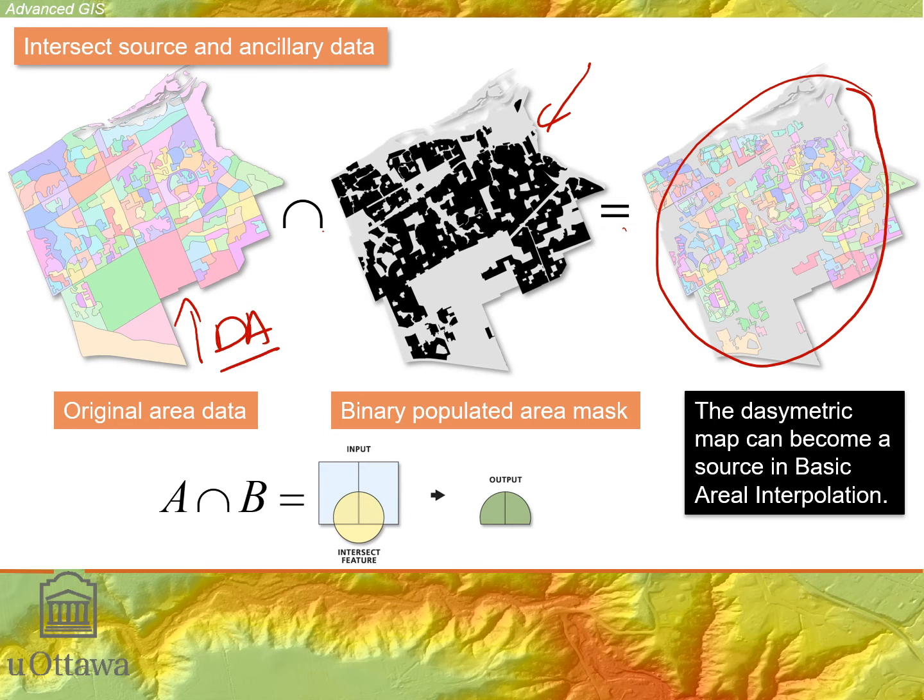And all that's happening in this particular intersection is that any part of the black binary mask that you see here that intersects any of the polygons over here, for example, will end up having the total amount, or the total that's in any of the DAs, assigned to each part that was cut up by the binary dasymetric map.